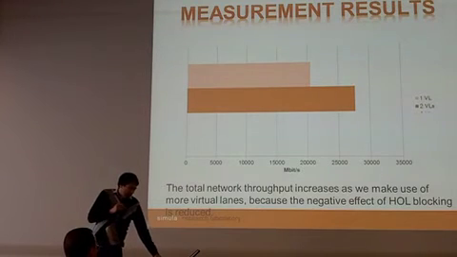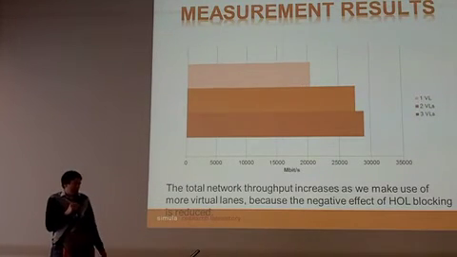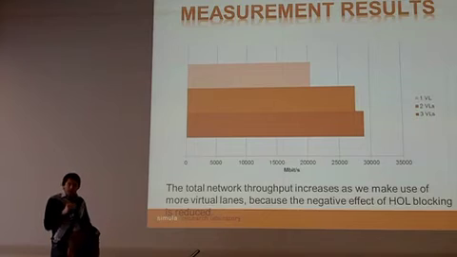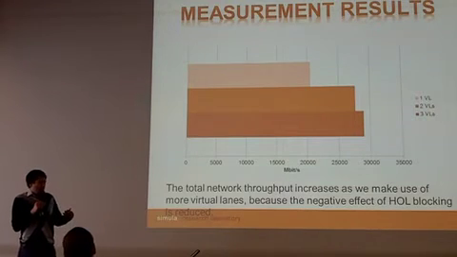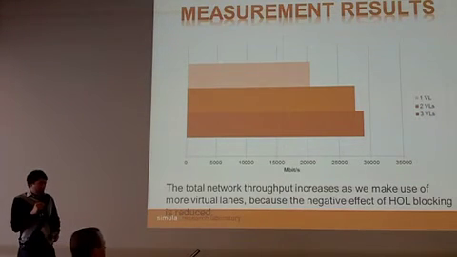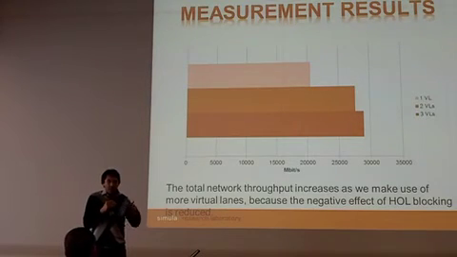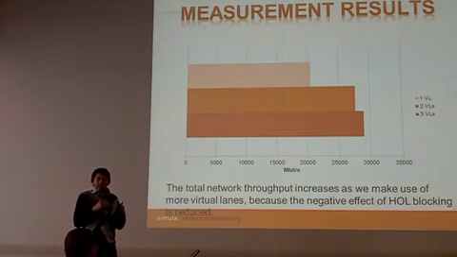And adding a third virtual lane, it increases further to approximately 29 gigabits. So by adding virtual lanes, we get an increase in throughput. But the most benefit is achieved when going from 1 to 2 virtual lanes. This is basically because we are lucky and we are placing some of the flows on separate virtual lanes so that the victims no longer are affected by the congested flows.